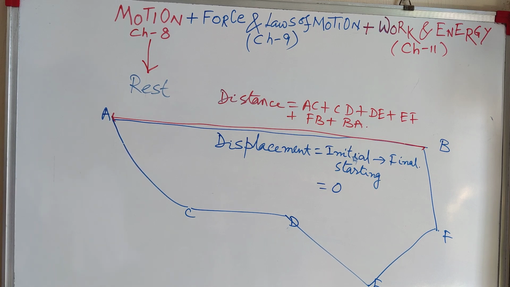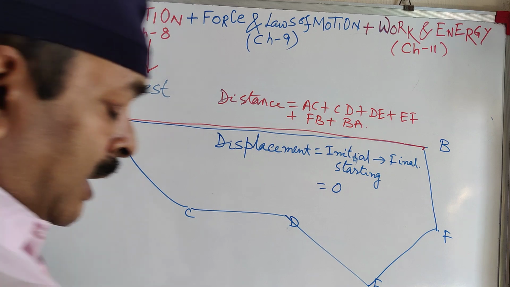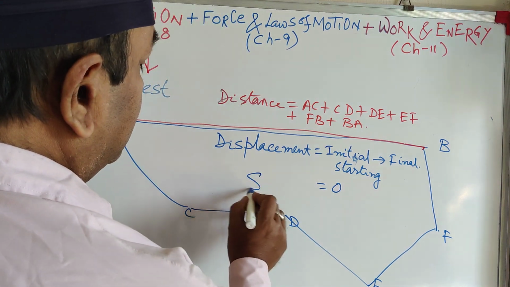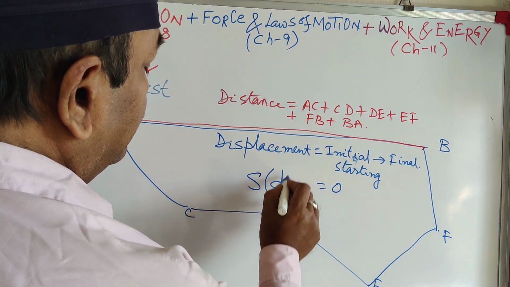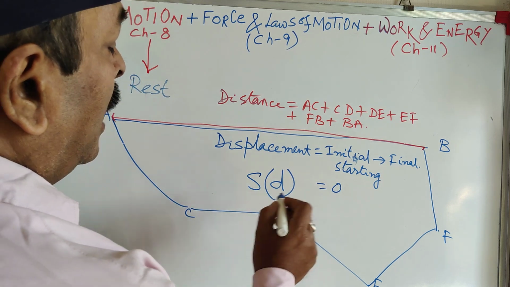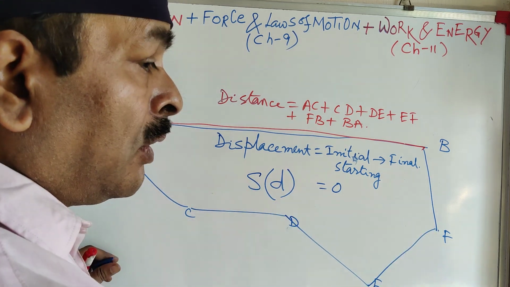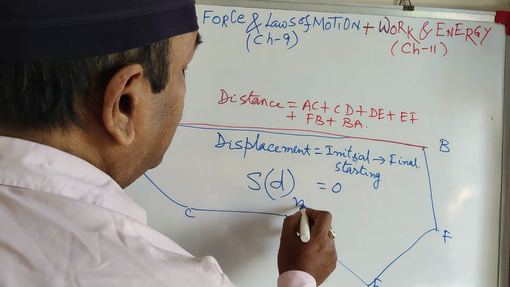In physics, every term is denoted with some symbol. Distance and displacement are symbolized as S or sometimes D. It also has a unit. The unit is meter.